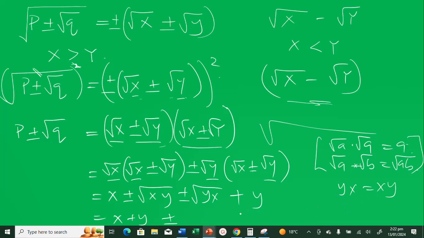So this is equal to this, and that means this and this are the same, so it will now be 2 square root of xy. So p plus or minus square root of q is equal to x plus y plus or minus 2 square root of xy.